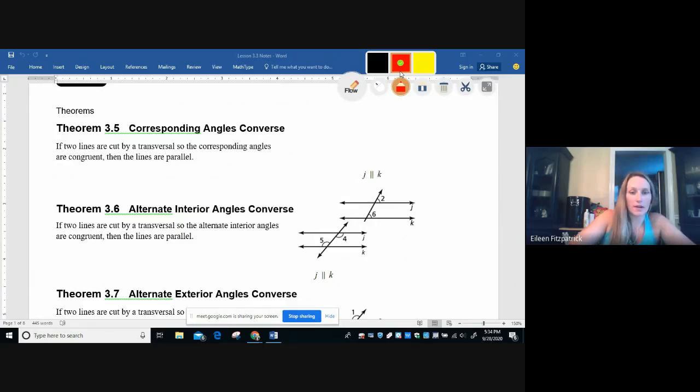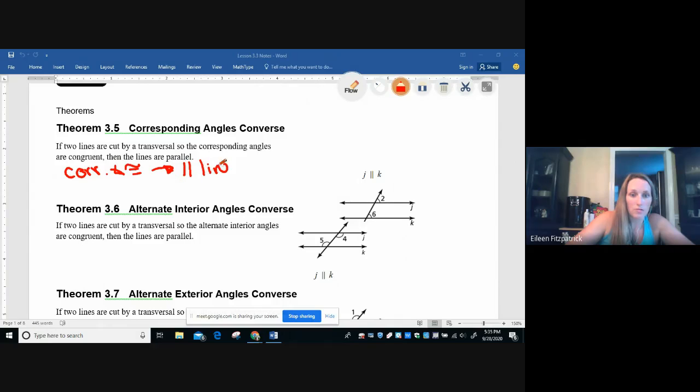Okay, so the corresponding angle converse says that if two lines are cut by a transversal so that the corresponding angles are congruent, then the lines are parallel. So in a proof, we would say corresponding angles congruent implies parallel lines.